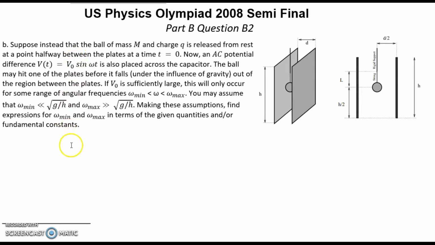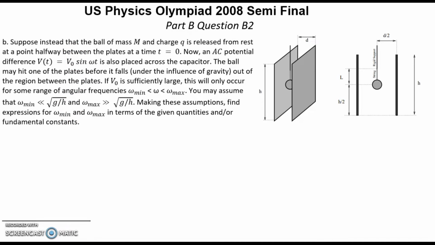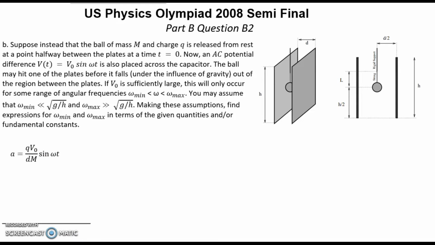So first of all we can write an expression for acceleration. This is our acceleration. That's force q V0 over d divided by mass, and multiplied by sine omega t.